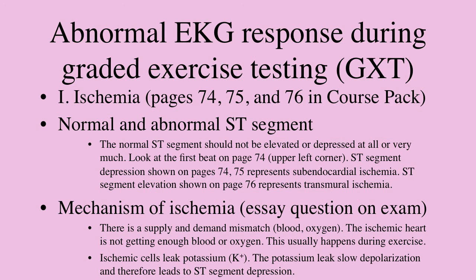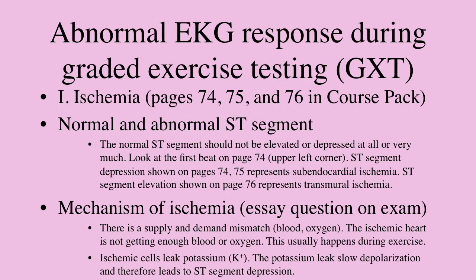Moreover, ischemic cells will leak potassium. The permeability of the lining of the cell weakens, and potassium leaks out. As we said earlier in the course, potassium going back into a cell is the repolarization process which forms the ST segment.